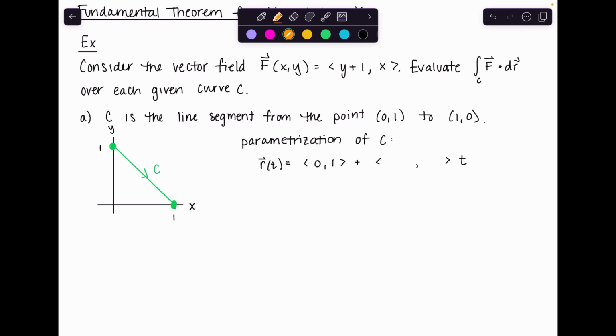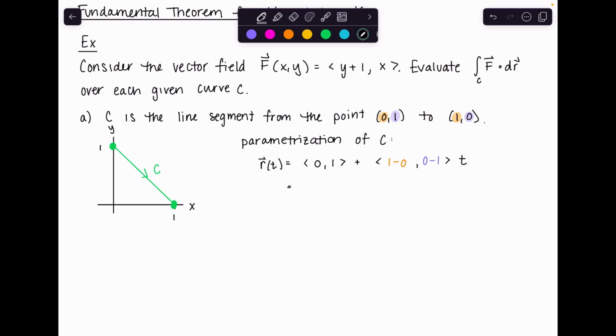So to find the distance, I look at how much I move in the x direction, doing the ending minus the starting value. So in the x, I need to move a distance of 1. And then in the y, I need to move a distance of -1. The way I find that is doing the ending minus the starting, so this one will be 0 minus 1.